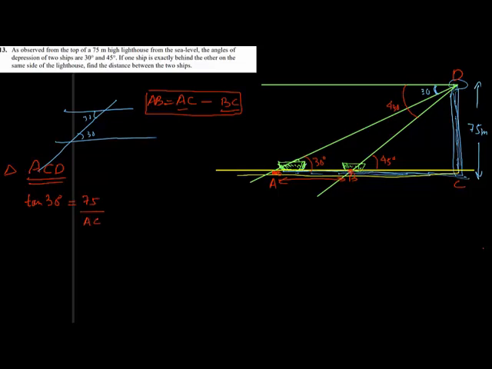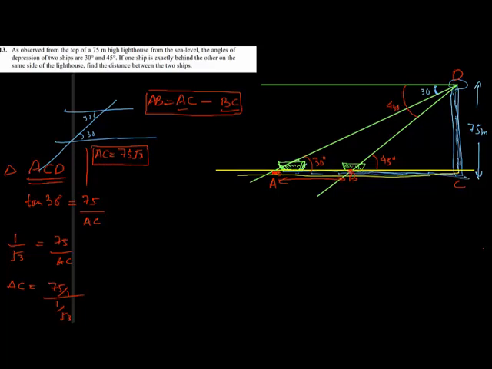Tan 30 is 1 by root 3. So 1 divided by root 3 is 75 by AC, or AC is equal to 75 divided by 1 by root 3. AC is equal to 75 multiplied by root 3. So AC is 75 root 3.